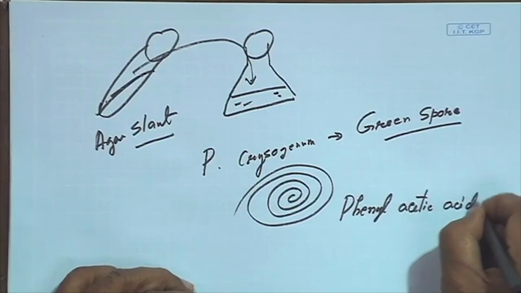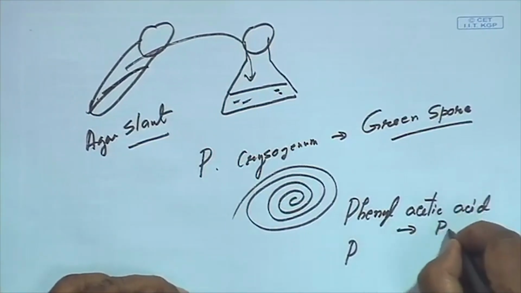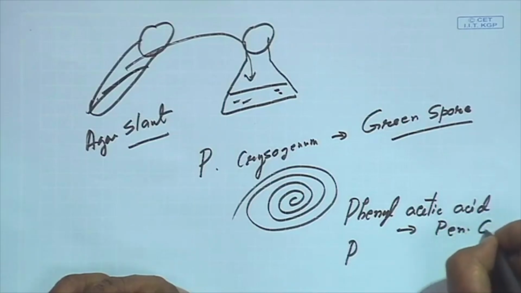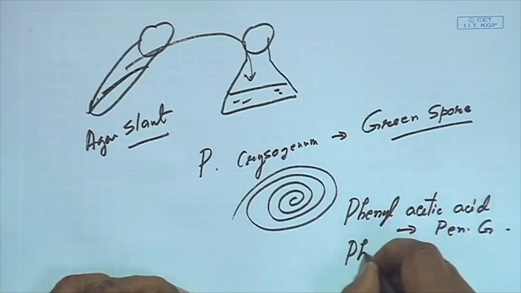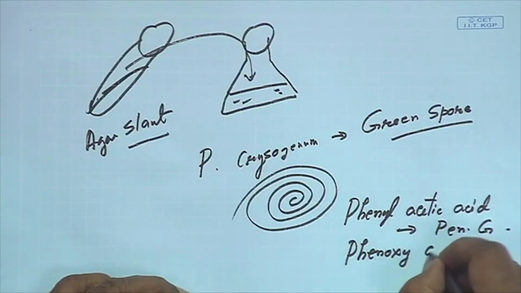Phenylacetic acid is used in the case of penicillin G, and in the case of penicillin V, phenoxyacetic acid.